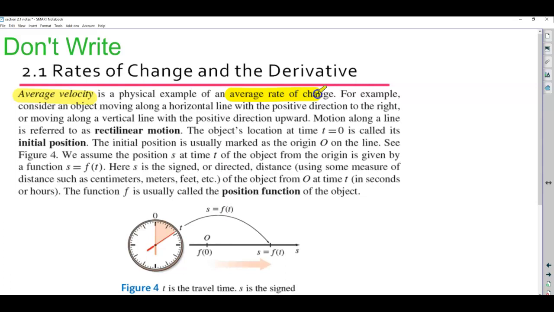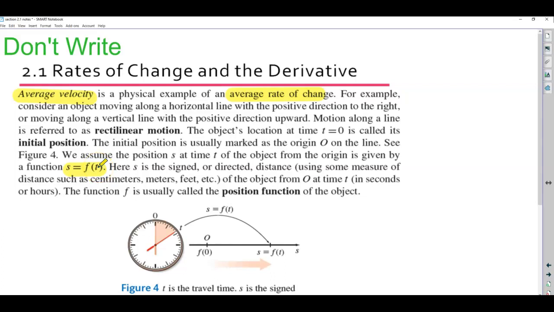So we have to first talk about something called rectilinear motion, which is basically motion along a straight line. And we've got to talk about the initial position, which is usually given as s or f of t. Notice there's no tick mark there. There's no f prime. So this is just position.